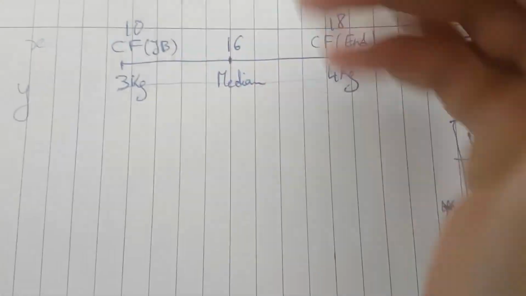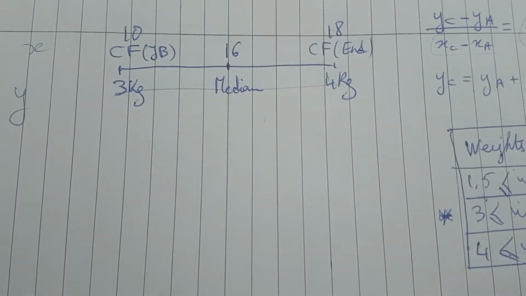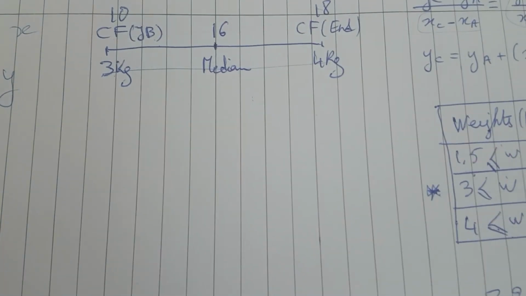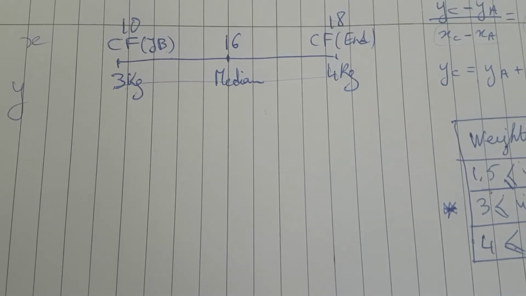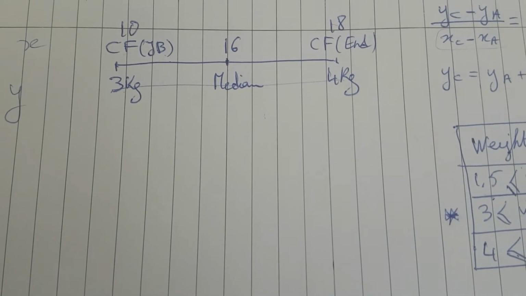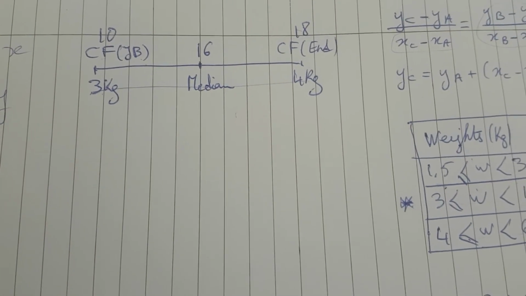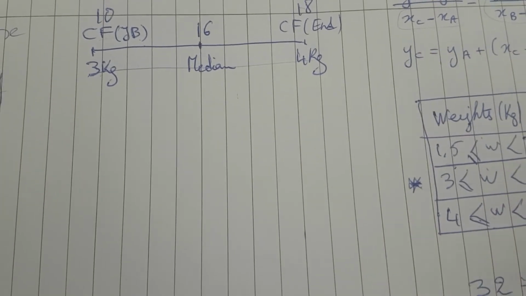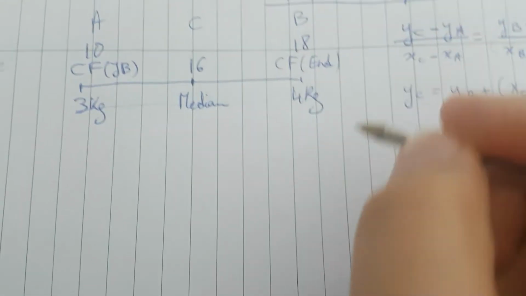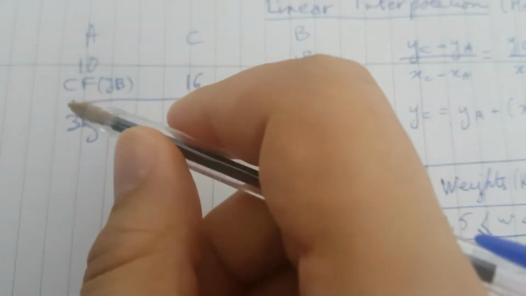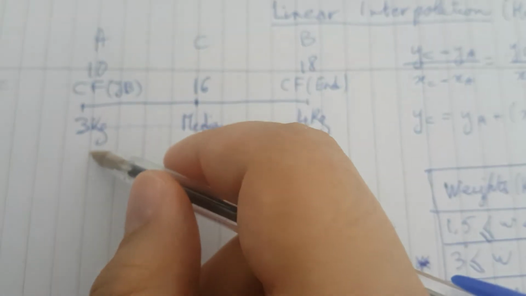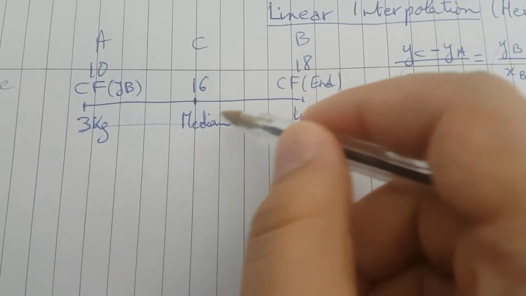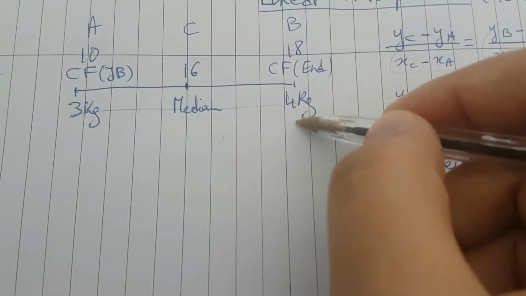Later I'm going to show you a quick thing we can do to get the answer in about 1.5 lines, but for now I'm going to use the formula. Let's call this one point A, this one C that I'm looking for, and this is point B. So we have XA, YA, XC, YC, XB, YB.